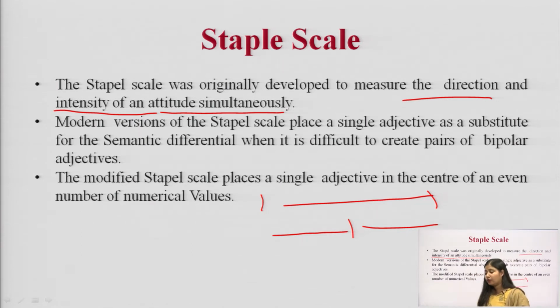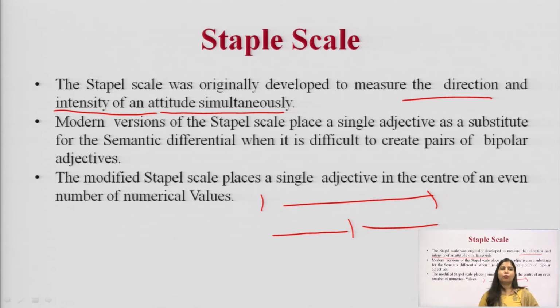The modern version of the Stapel scale places the single adjective as a substitute for the semantic differential when it is difficult to create bipolar adjectives, meaning this type of scale is used when we are not able to create two proper bipolar responses as we did in the semantic differential scale.